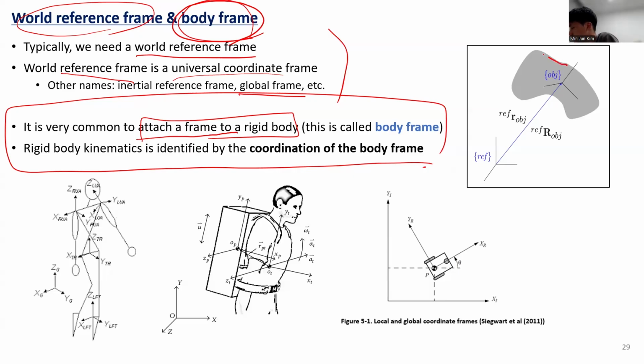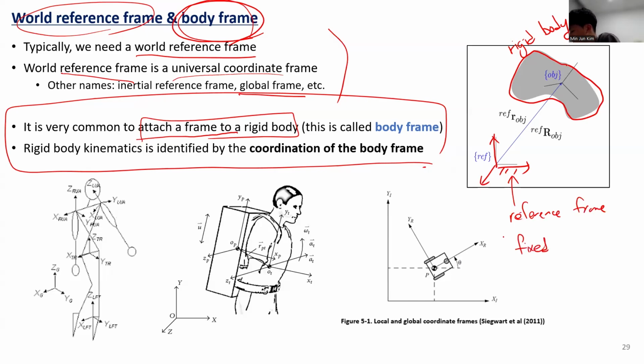So let's say this is a rigid body, and here's the reference frame, and that is fixed. It never moves. It gives us a kind of global position.